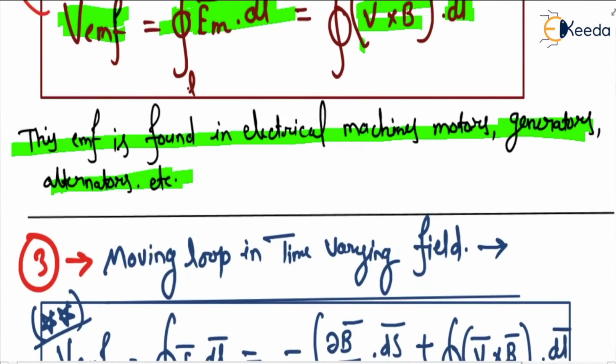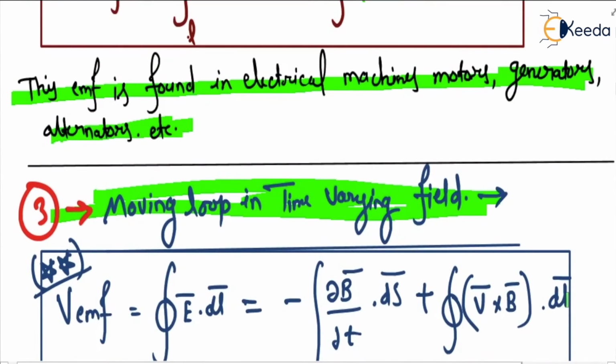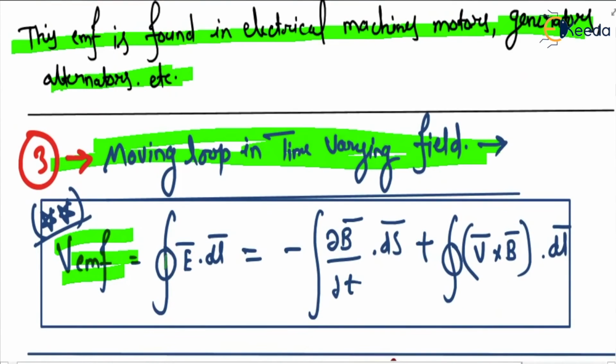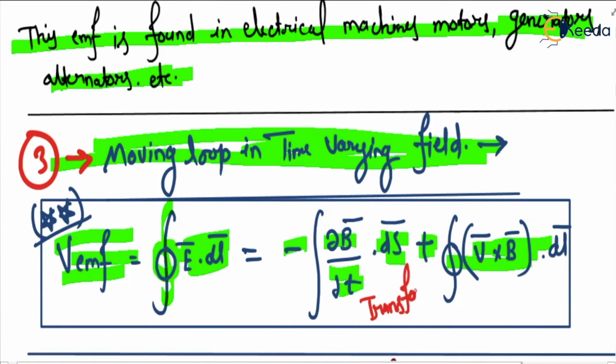And the third is a moving loop in a time varying field. When the loop is moving and the field is also time varying, then the EMF produced is the integral of E vector dot dl vector, which is minus del B over del t dot ds plus the circulation of V cross B dot dl, because it will be the sum of transformer EMF, this is transformer EMF, and this is motional EMF.